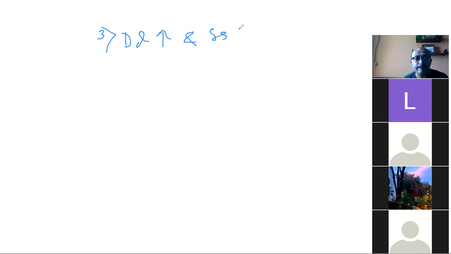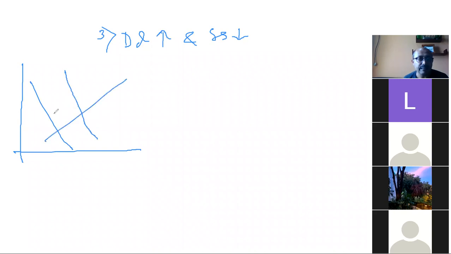Now we are doing the third case, when demand is increasing and supply is decreasing. Demand is increasing from D0 to D1. This is a custom: initial is 0, final is 1.